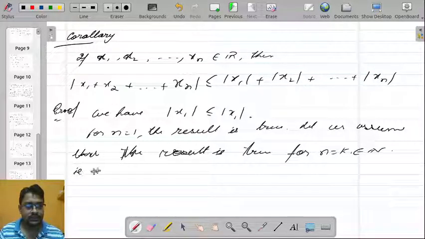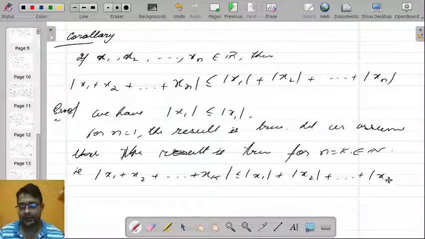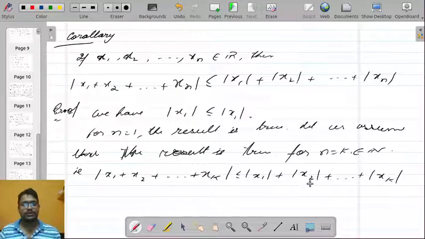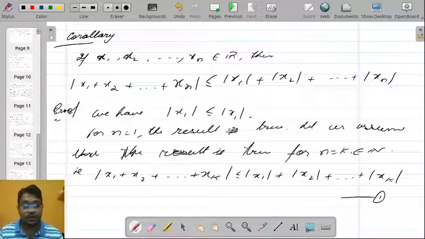That is, we are already given that mod of x1 plus x2 plus up to xk is less than or equal to mod of x1 plus mod of x2 up to mod of xk. This is already given to us. Here we need to use the triangle inequality somewhere.